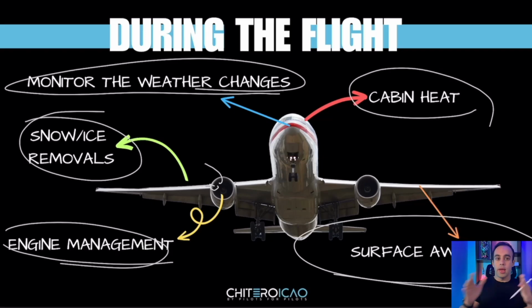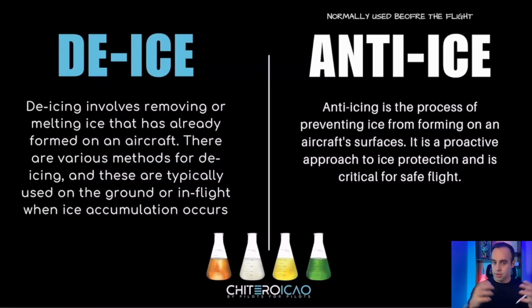So after we have all the flight here, let's see the difference between de-ice and anti-ice. I know many people have a problem with this. And many people disagree because we use both procedures and both equipment. Let's start with the de-ice. So let's say that de-ice involves removing or melting ice that has already formed on the aircraft.